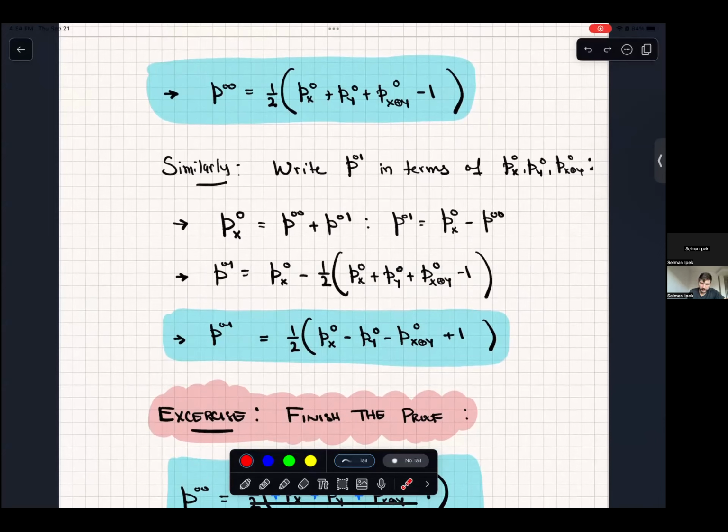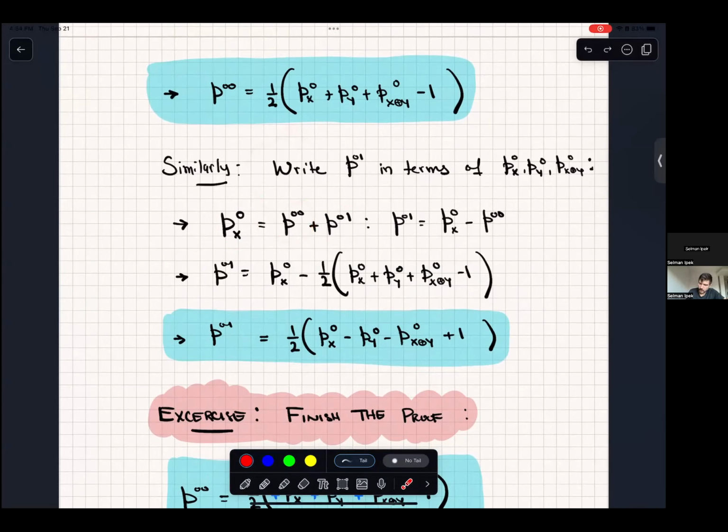So imagine that we look at px0, which is p00 plus p01. Now we want to express p01 in terms of the marginal distributions. But of course, p00 through this formula is already expressed in terms of the marginals.